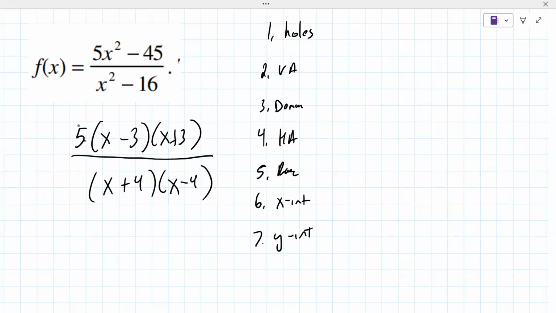Okay, does anything cancel? Nothing cancels. So no holes. You can use either the factored form or the original form to do the rest.